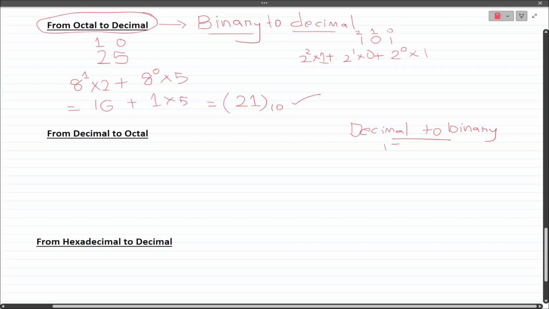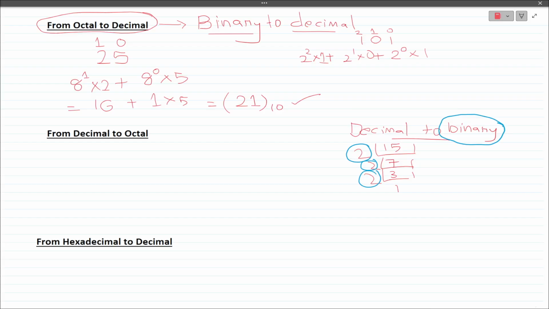If the number was 15, we used to divide by 2. 2 7s are 14, remainder 1; 2 3s are 6, remainder 1; 2 1s are 2, remainder 1. This is how we used to do. As we were converting decimal to binary, binary has 2 digits, so everywhere I was dividing by 2, and I used to store my remainder.